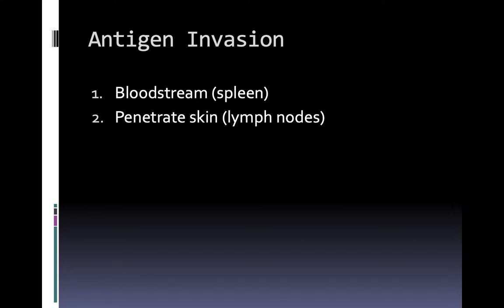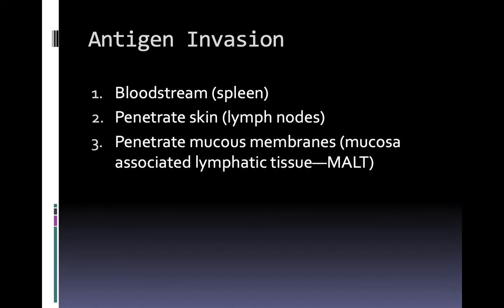This could be worms. And a lot of times our lymph nodes will fight the battle. And then some things can penetrate through our mucous membranes, mucosa associated lymphatic tissues, MALTs, so our eyes, our nose, our mouth, etc. This is what a lot of viruses do, like the flu virus, COVID-19, cold viruses get into our bodies through our mucous membranes.